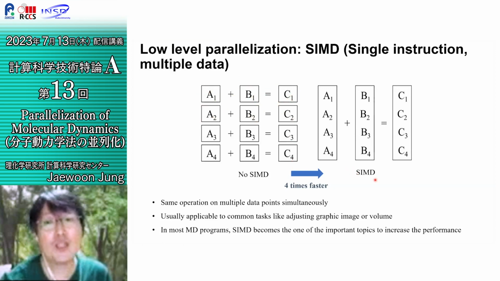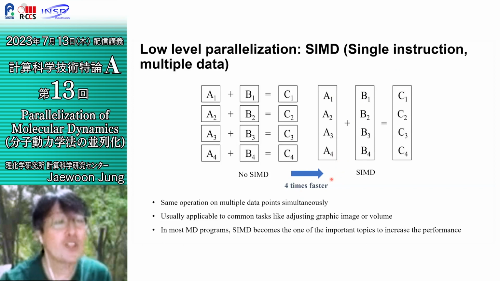But if we apply SIMD, then the first to fourth elements of A can be considered as one element, and the first to fourth elements of B are also considered as just one element. We can apply this addition just once to obtain the first four elements of C. By doing this, we can accelerate the speed 4 times.